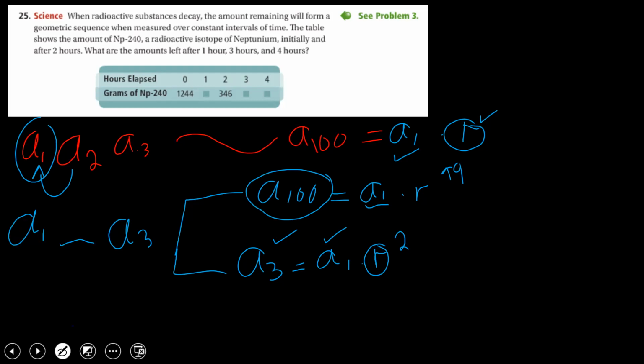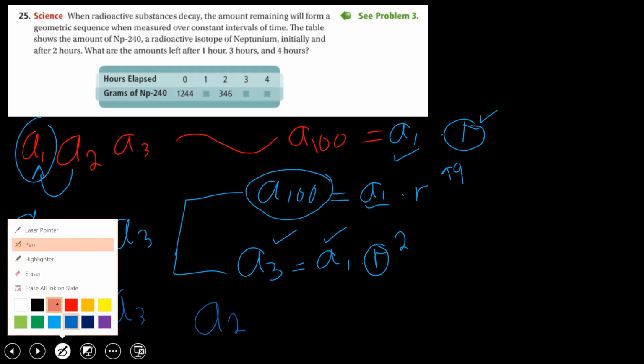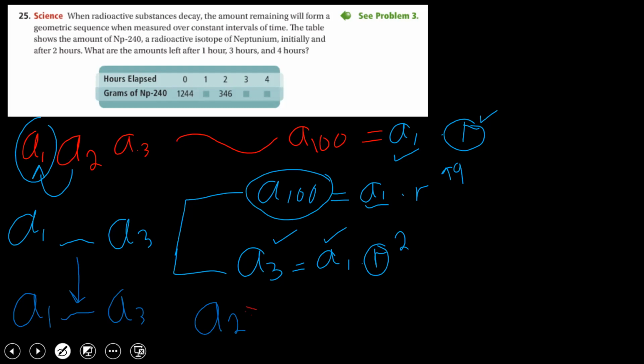But if I have a sub 1 and a sub 3, and he asked me to find a sub 2, it's very easy. I just use the geometric mean. Here is x, here is y. I just multiply x times y, then take the product under a square root, and the answer could be a positive or negative number.